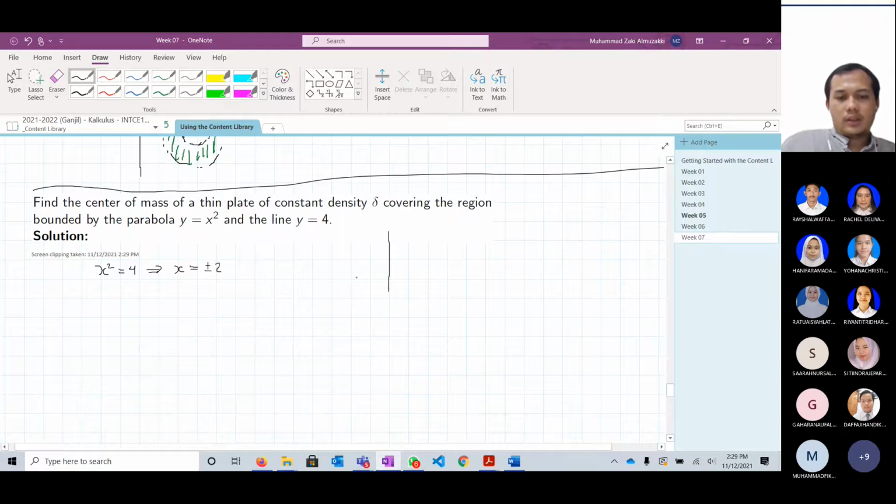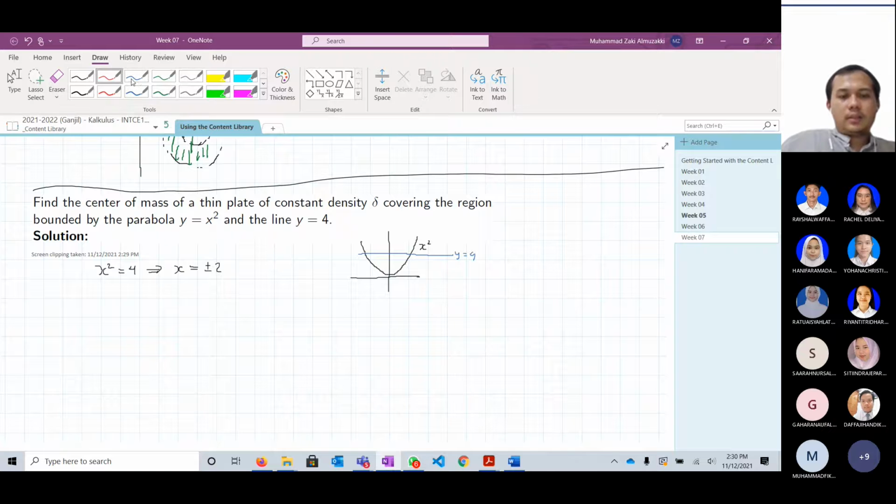Let's say this is the plot of y equals x squared, and the blue line is y equals 4.